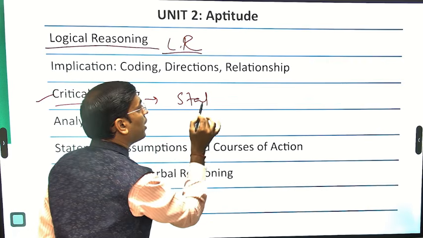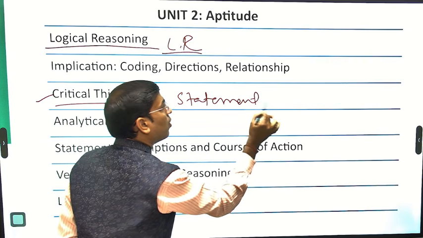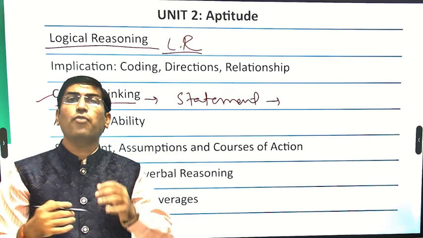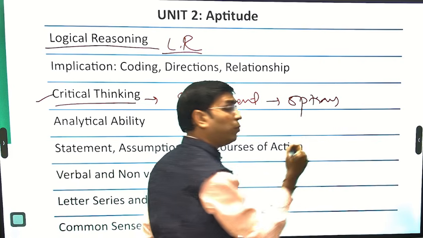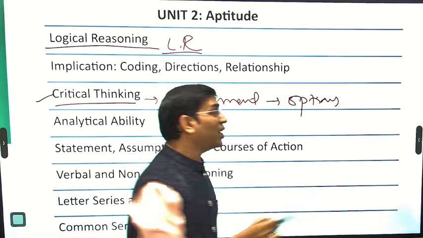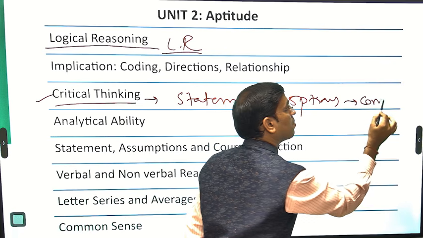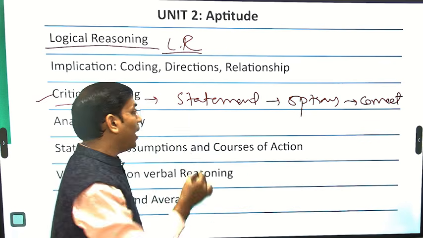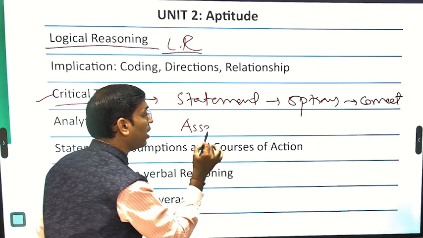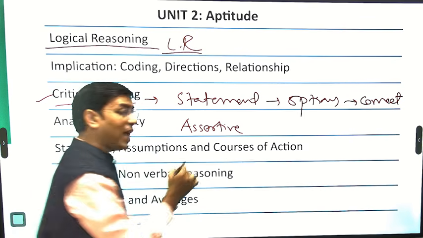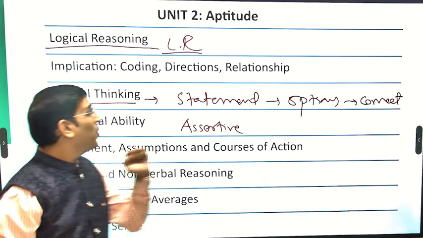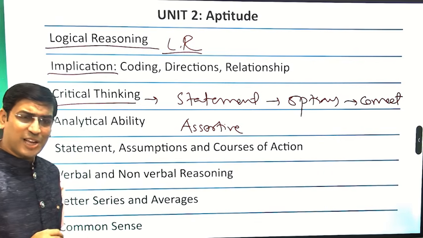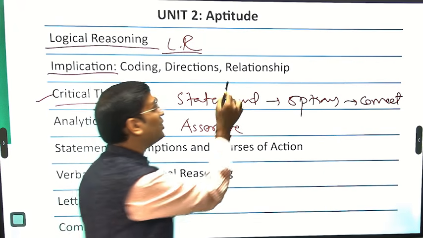Probably a statement like question is there, where a statement could be followed by number of options, and we have to judge the most correct options. Even some question could be assertive like questions, where we have to utilize our critical thinking to know about the answers. And under that, some of the implications, how the thing is reflected, like relationships.